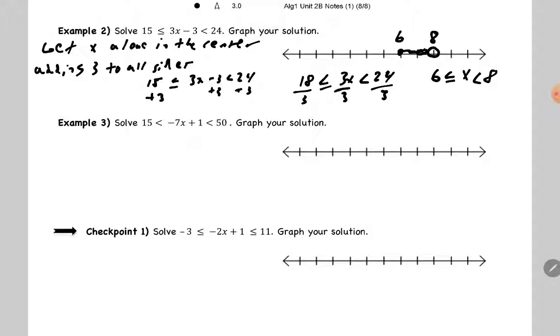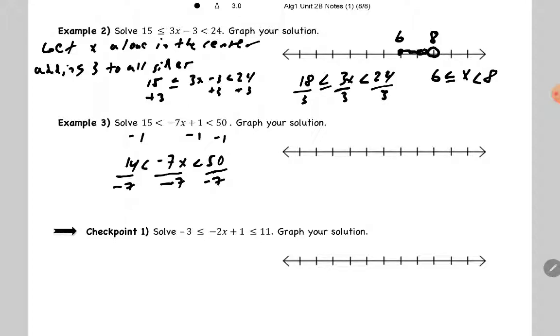Okay. So this time we subtract 1 from all sides. We get 14 less than -7x, which is less than 50. Now I'm going to divide by -7, divide by -7, divide by -7.